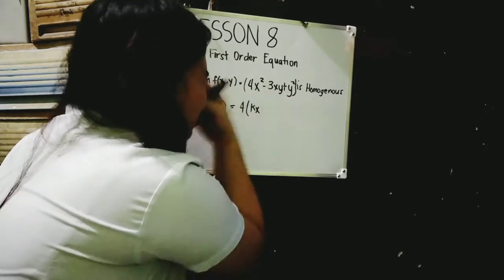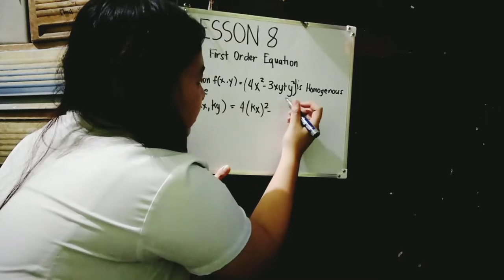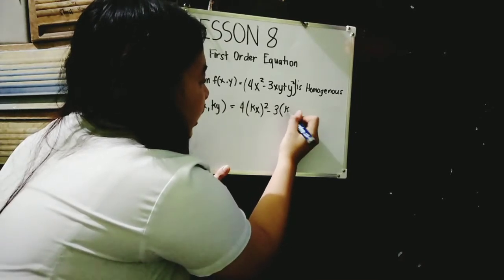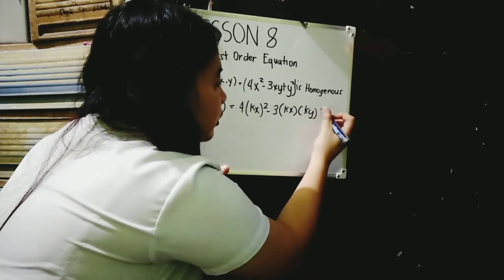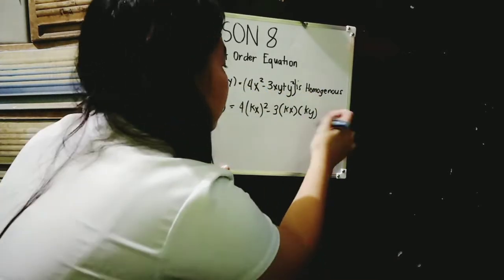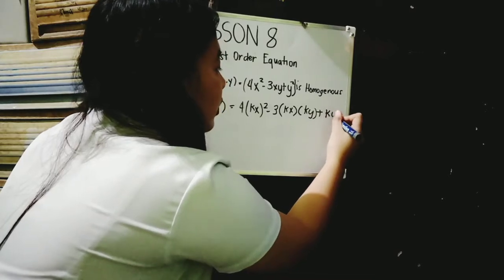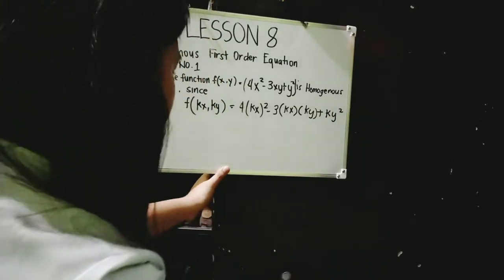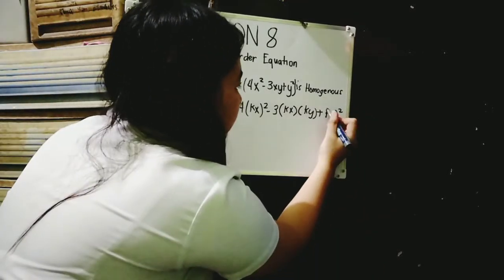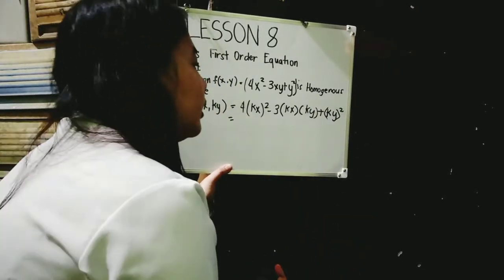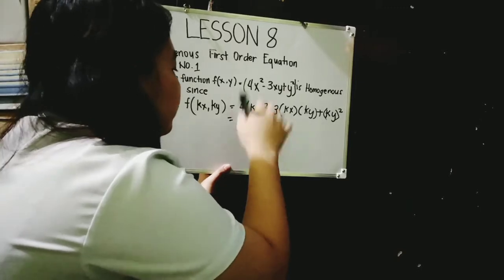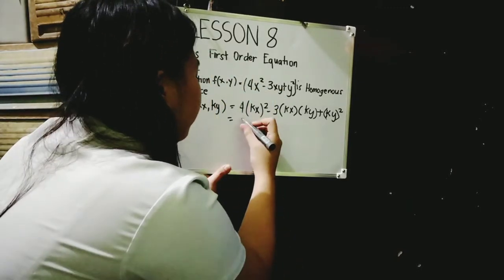So we have 4kx squared minus 3kx ky plus ky squared. So, the next step, na-substitute na natin, ang susunod is, i-distribute natin yung bawat isa sa kanila.